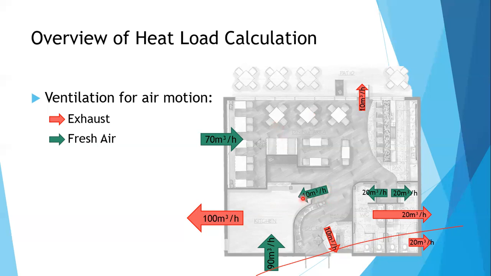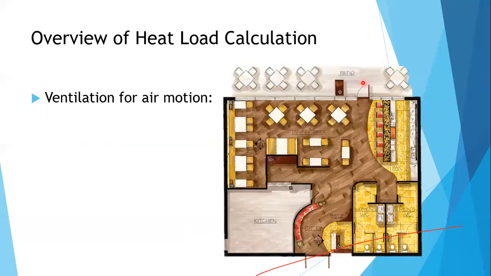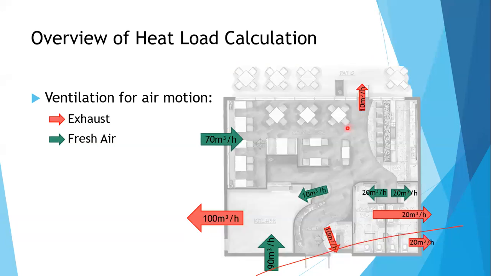So because there is an opening here to the kitchen, of course, some of the air will go out to the kitchen. Some of the air will also go out from the doors. Okay, so now you are ensured that none of the pollutants will go to the dining area because you are pumping in air and it's pushing the air out, preventing the pollutants from coming in.